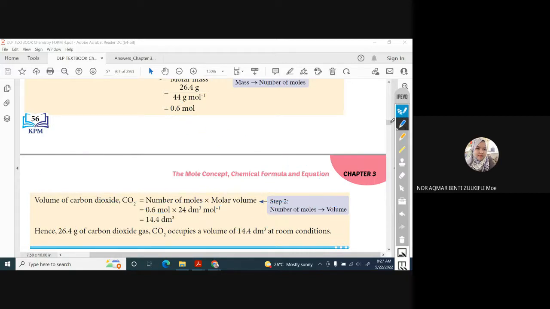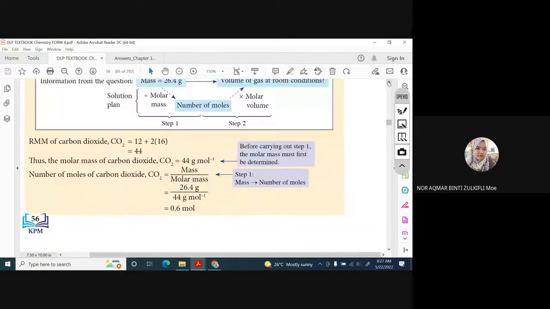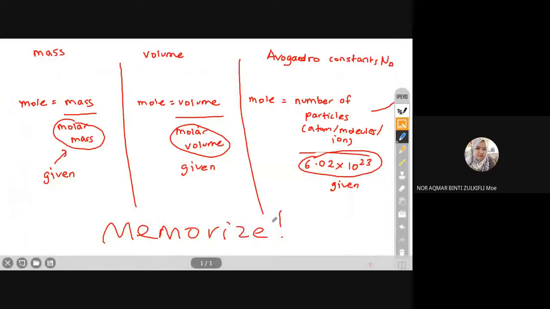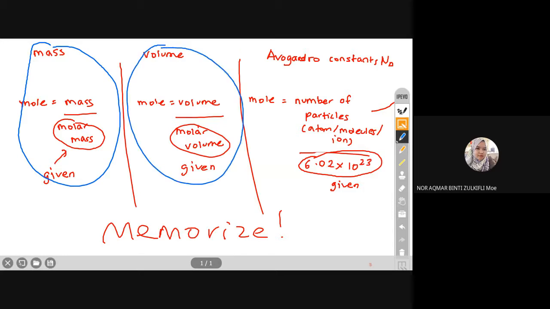So you can see this question is a combination of two formulas. The question just now combines the concept of mass and the concept of volume. So they combine together. In any case, you must find the number of mole first.